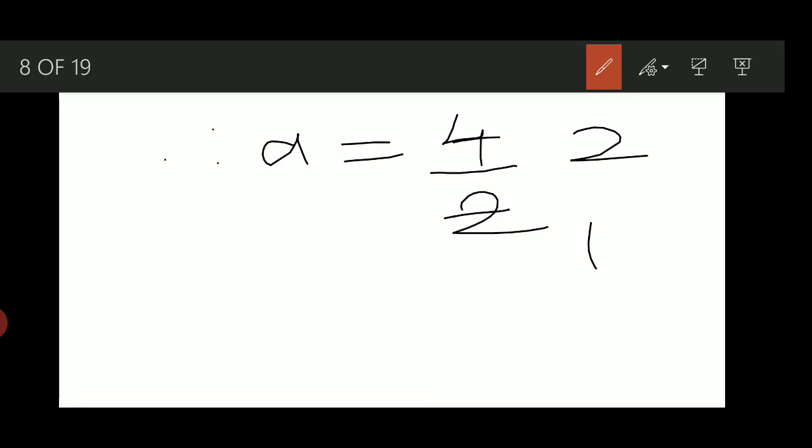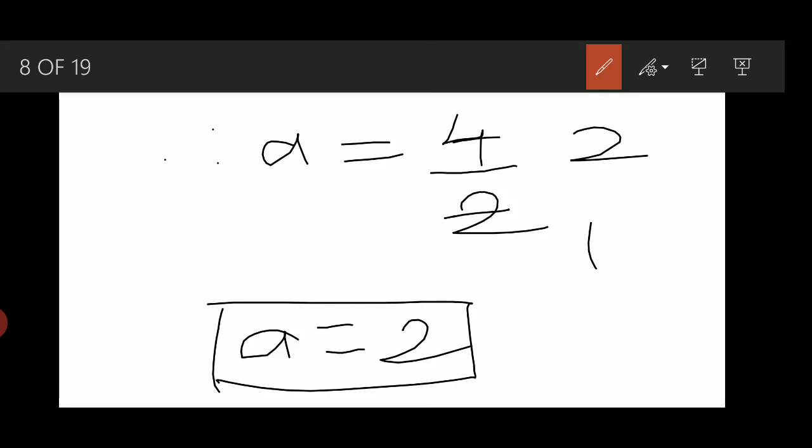Now 2a is equal to 4, therefore a is equal to 4 by 2. Now we have a is equal to 2, that means the value of a is 2. Here we eliminate the variable b, then we get the value of a.